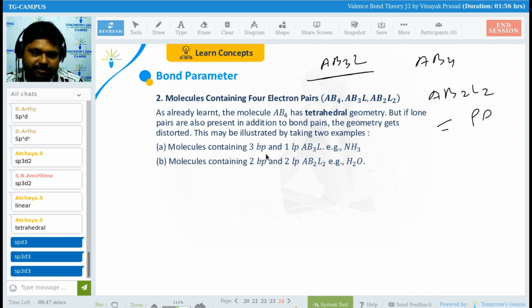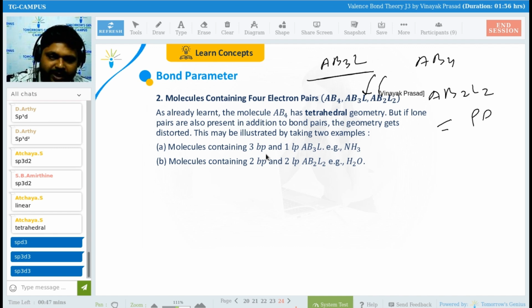Either we can say AB2L2 type, or we can say AB4 type, or AB3L type. It means there will be one lone pair and three bond pairs. And here two bond pairs and two lone pairs will be there.